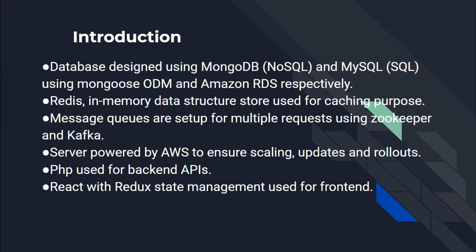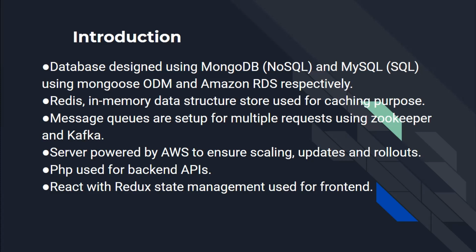Apart from that, talking about the backend, we are using PHP as the backend for making our APIs, and this backend will be used in sync with Kafka and its respective Zookeeper. Kafka is a messaging queue service which will help us in scaling our backend.